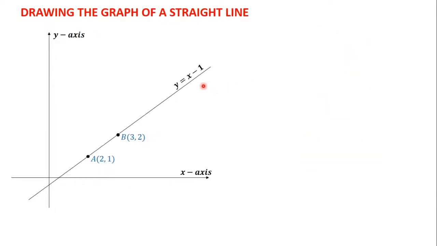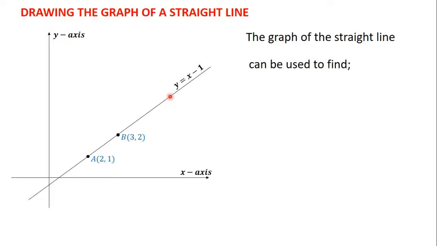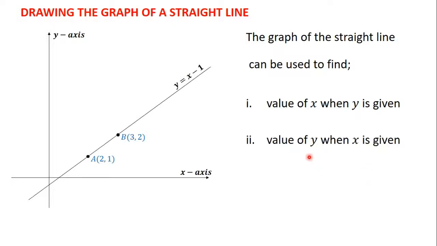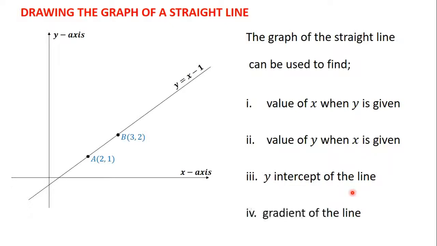After we have drawn the graph of the straight line, we can use our graph to find the following. 1. We can use the graph to find the value of x when we are given a value of y. We can also use the graph to find the value of y when we are given a value of x. We can use the graph to find the y-intercept of the line.